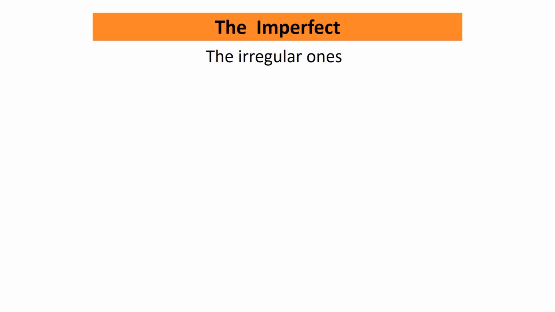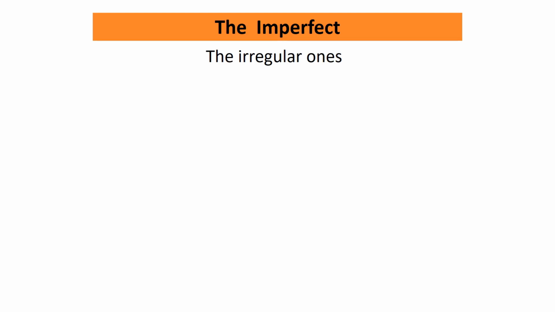So ir is for yo, yo iba, tú ibas, él, ella o usted iba, nosotros, nosotras íbamos, vosotros, vosotras ibais, ellos, ellas, ustedes iban. For ser it's yo era, tú eras, él, ella, usted era, nosotros, nosotras éramos, vosotros, vosotras erais, ellos, ellas y ustedes eran.